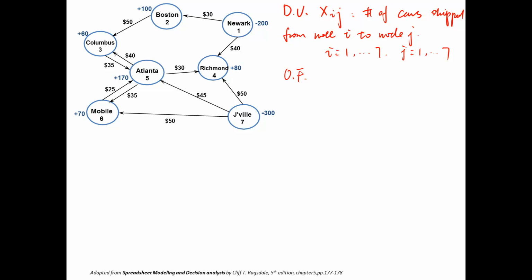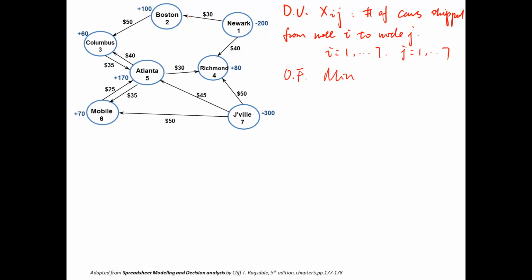The objective function is to minimize the cost, right? Which is very similar to the problem that we talked about in chapter 3. So regardless of how many cars you're going to ship on those routes, we want to minimize the total cost.